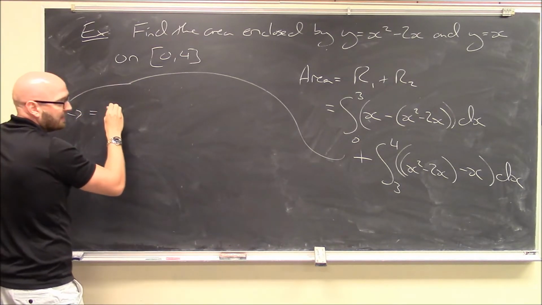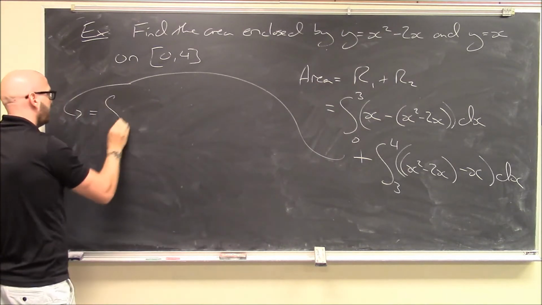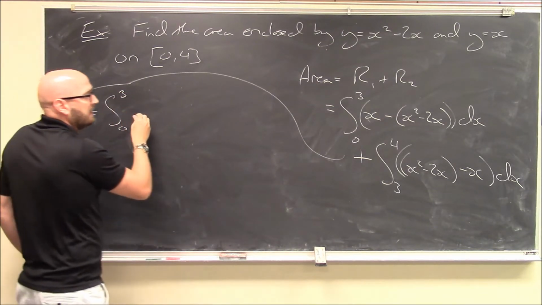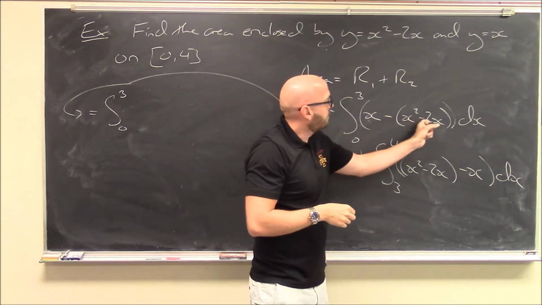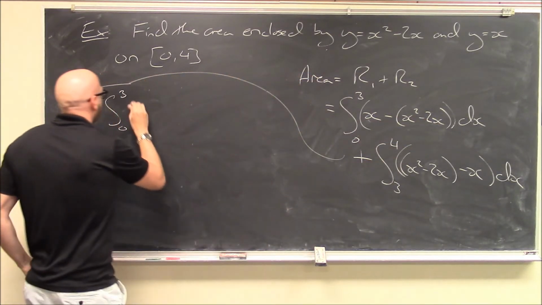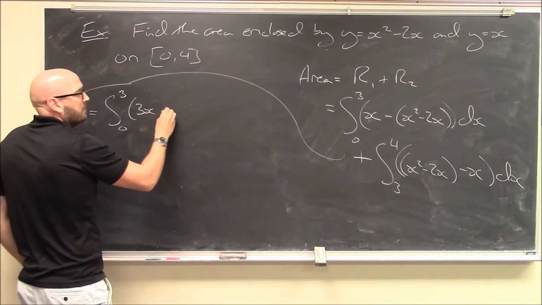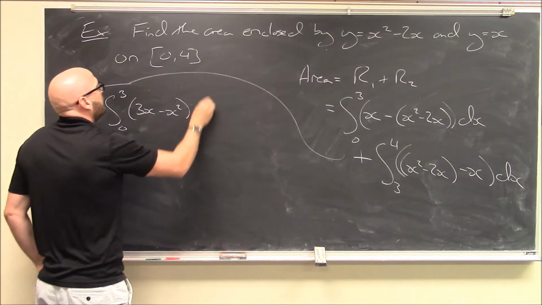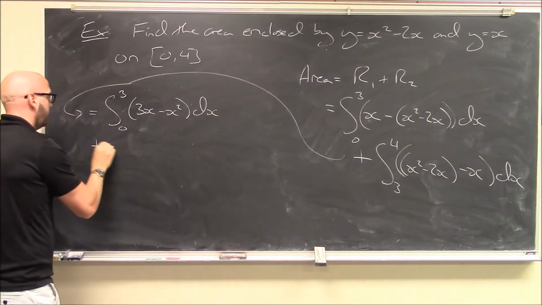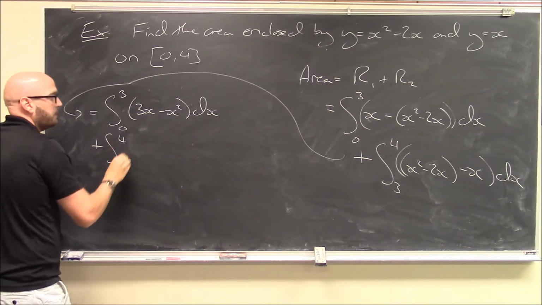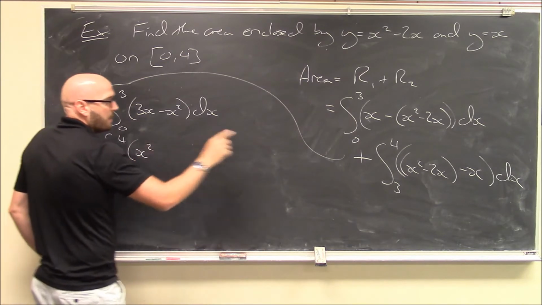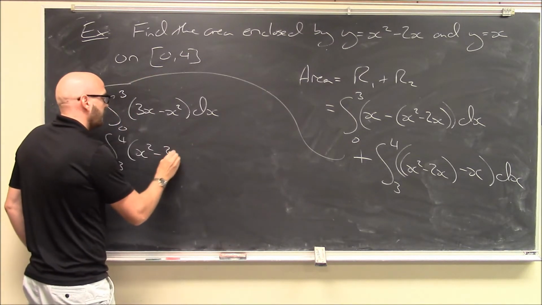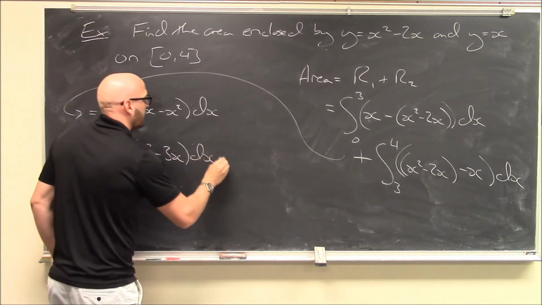Let's simplify this a little bit before we integrate. 0 to 3, x minus (x squared minus 2x), that's x plus 2x is 3x. 3x minus x squared dx plus integral from 3 to 4 of x squared minus 2x minus x, minus 3x dx.